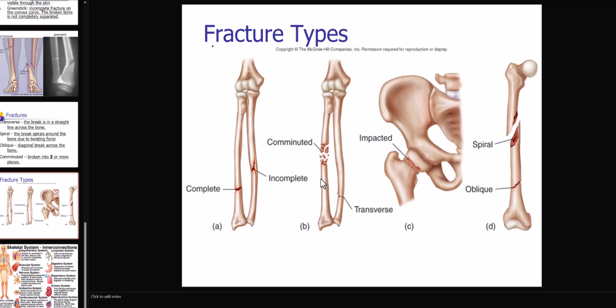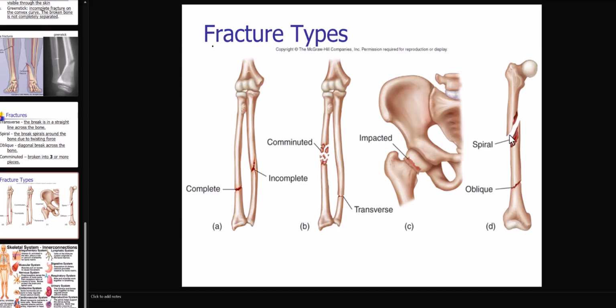We can see here, again, there's different examples shown here. So we can see here that in the femur over here, this is more of an oblique fracture. This one here would be more of a transverse. We can see an impact fracture here. So imagine again the head of the femur, the neck of the femur, of course, is broken off in a major impact sort of injury.